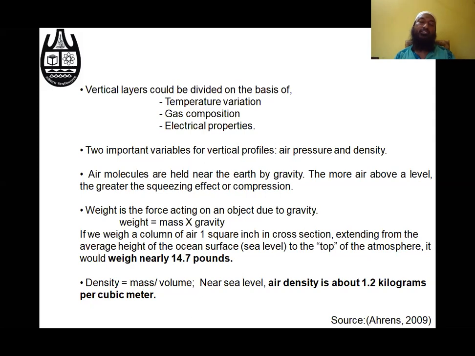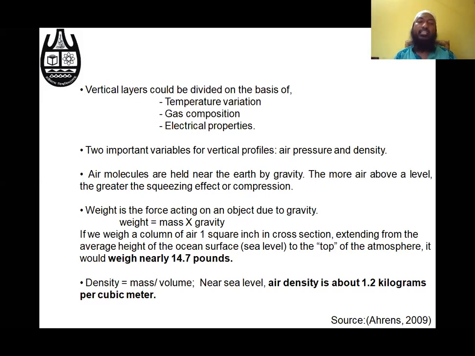For example, in the stratosphere, we have a huge amount of ozone. On the other hand, if you go up or down, there is less ozone. So depending on the gaseous composition, we can divide it. We can also divide it on the basis of electrical properties. Basically the air is neutral. That means the gaseous composition is neutral in most positions.